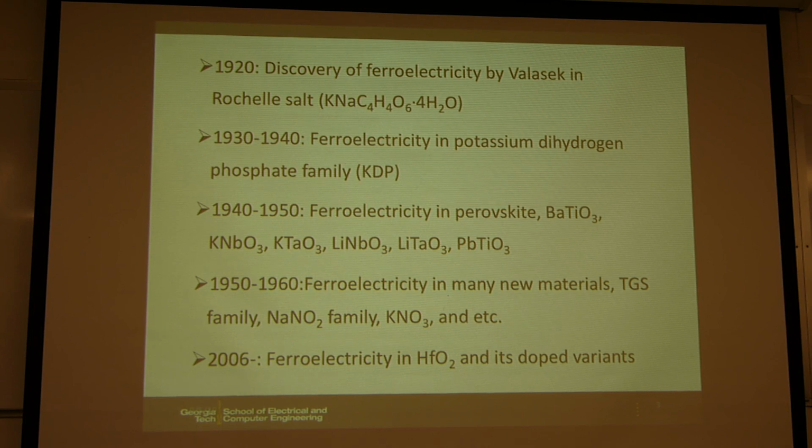Perovskite materials led to a lot of important applications such as transducers, energy harvesting devices, memories, and sensors. And the last one is ferroelectricity in doped hafnium materials, because hafnium oxide is a CMOS compatible material and has already been used in the semiconductor industry. So this opens a new area for ferroelectricity because we can now make transistors with that.